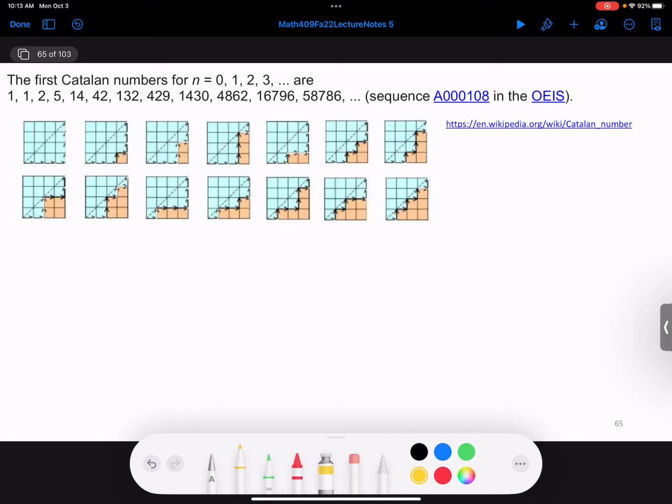So for the Catalan numbers, we're looking at all the paths from 0,0 to NN where you don't cross the main diagonal. Is it possible to go from 0,0 to NN without ever hitting the main diagonal?